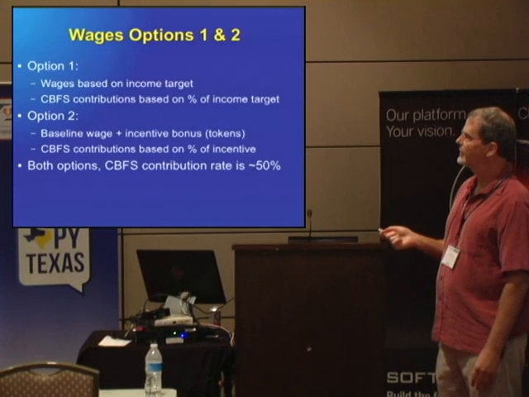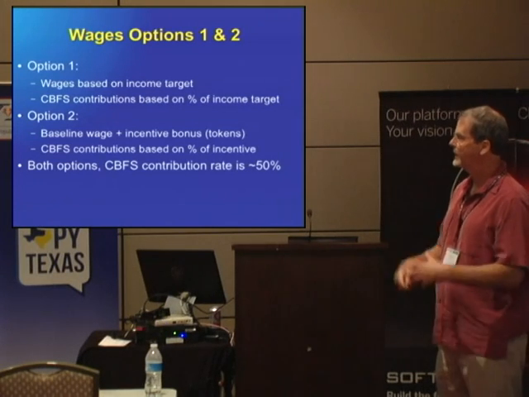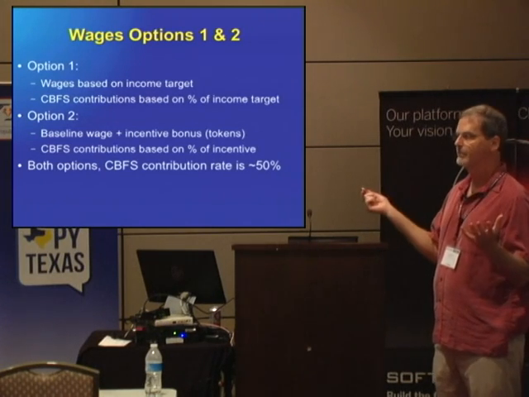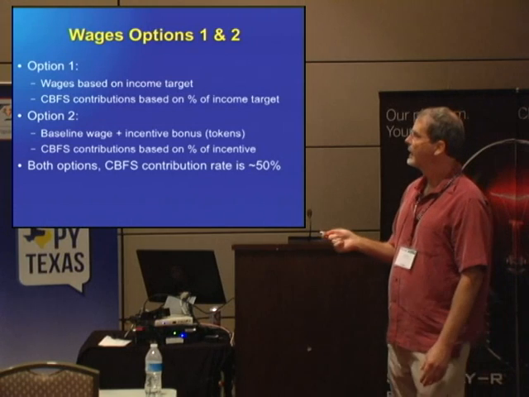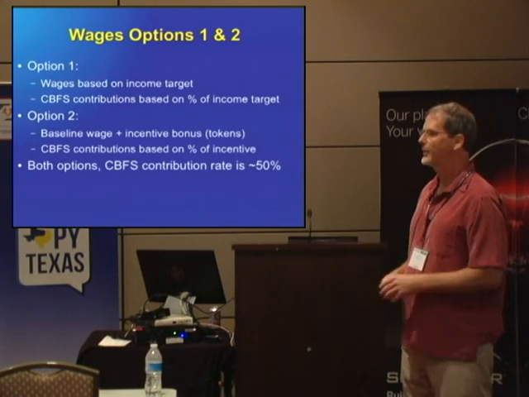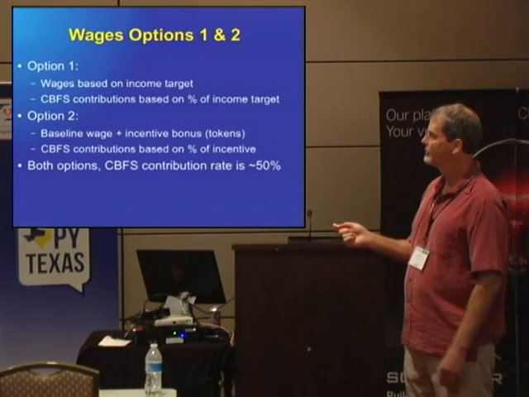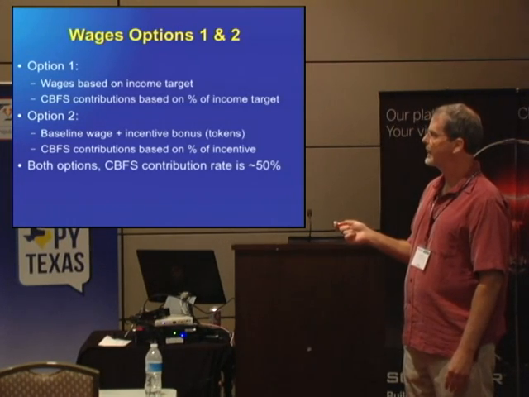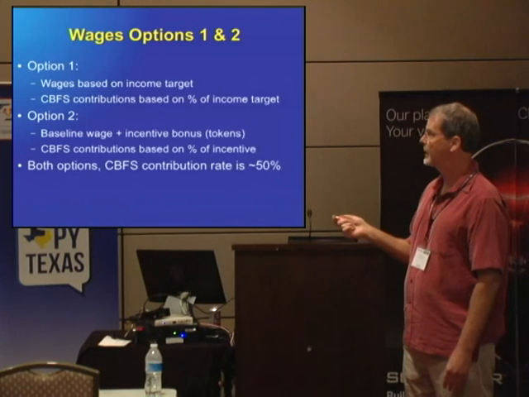Wage option 2 is generally useful for someone who starts at a very high baseline income. So even if, say, your baseline income was $1 million a year or something, you would get an incentive bonus paid in tokens, which would be about 3,000 tokens in the model. And then you would make your CBF contributions based on a percent of that incentive, about 50%.